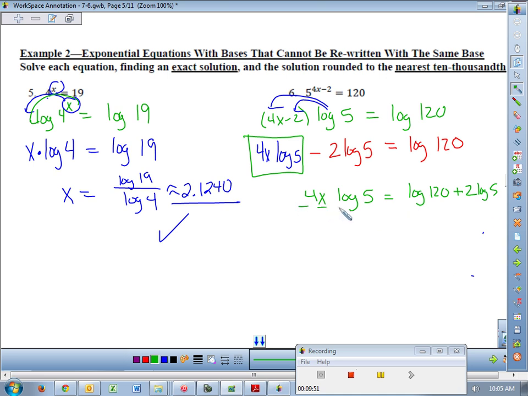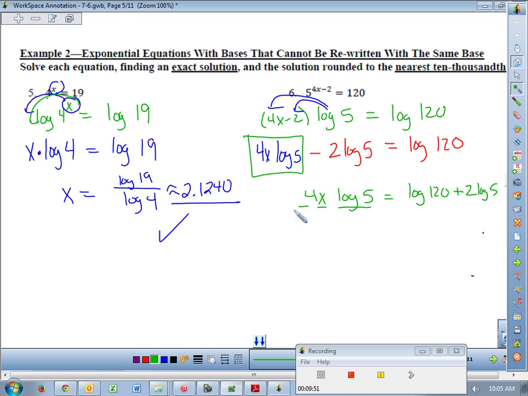4 times x times log of 5. This is one term right here, correct? What if it was written like this? Is that the same thing that I just had? It's all just multiplied together, correct? So if I want to get x all by itself, wouldn't I divide both sides by 4 logs of 5? To get x all by itself. So that's what we're going to do. The problem is, you had it written like this. You could still divide by 4 logs of 5.